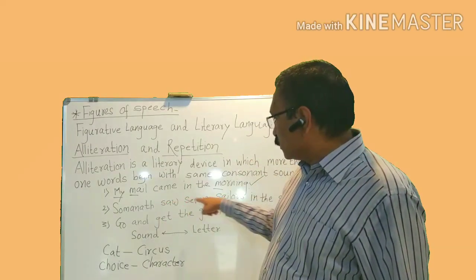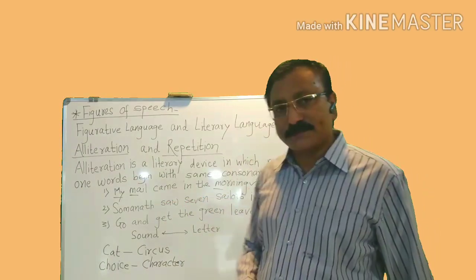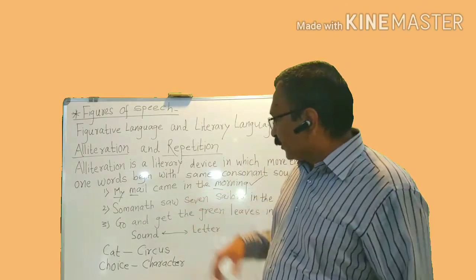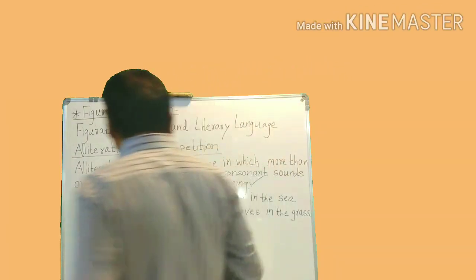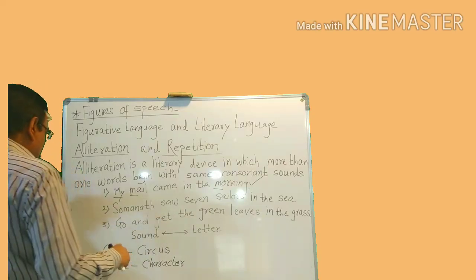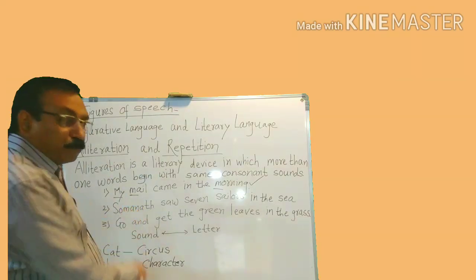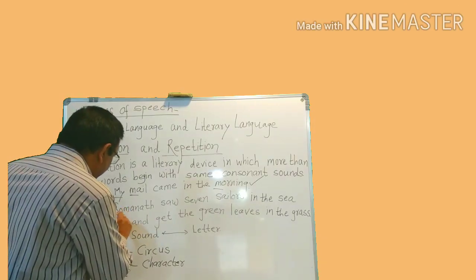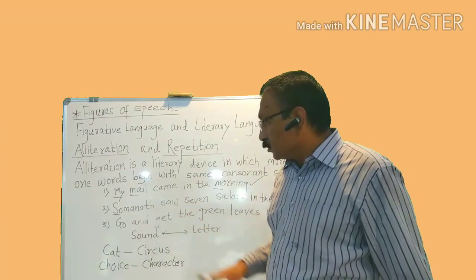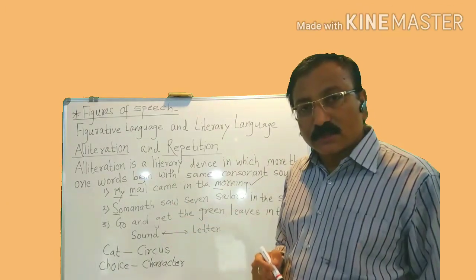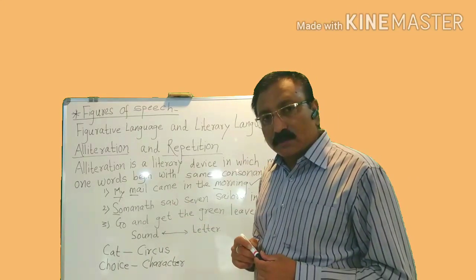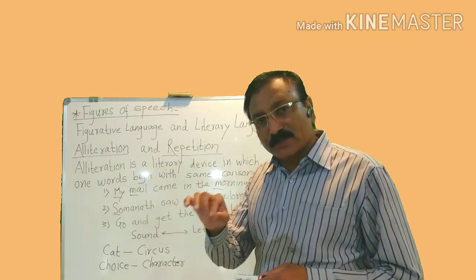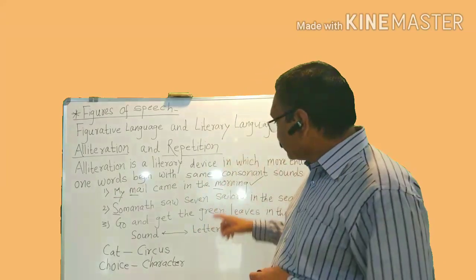Let us look at the second example of alliteration. Somnath saw seven sailors. In this line, the first word, Somnath, begins with the sound s. The second word in the sentence, saw, also begins with the same sound, s.